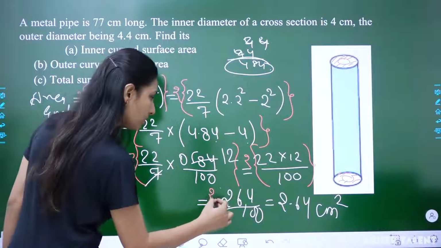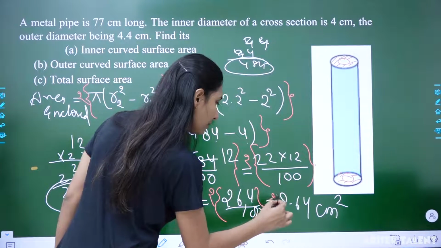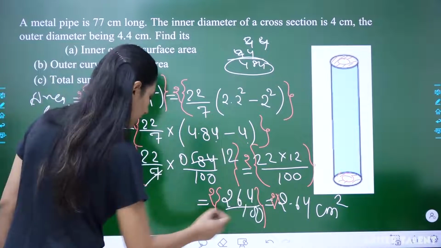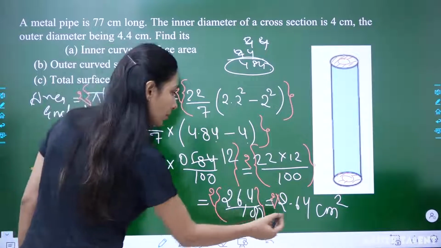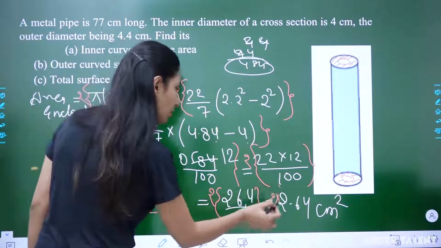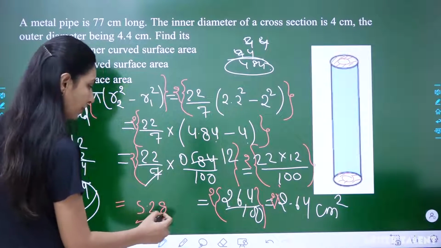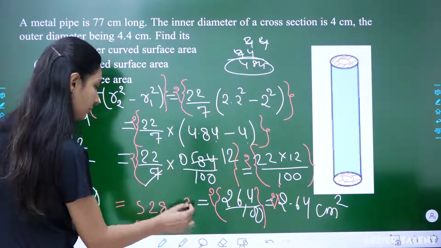So, simply you can multiply this by 2 and get the answer, which is 5.28 centimeter square.